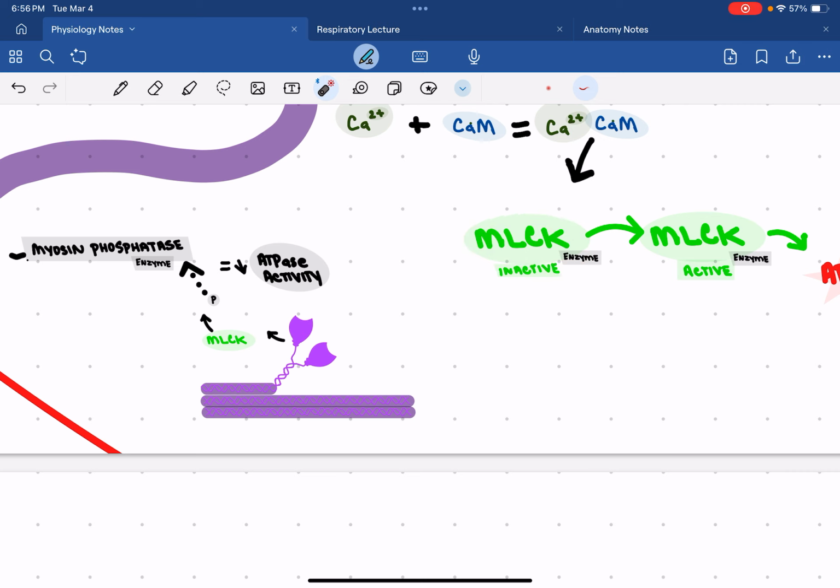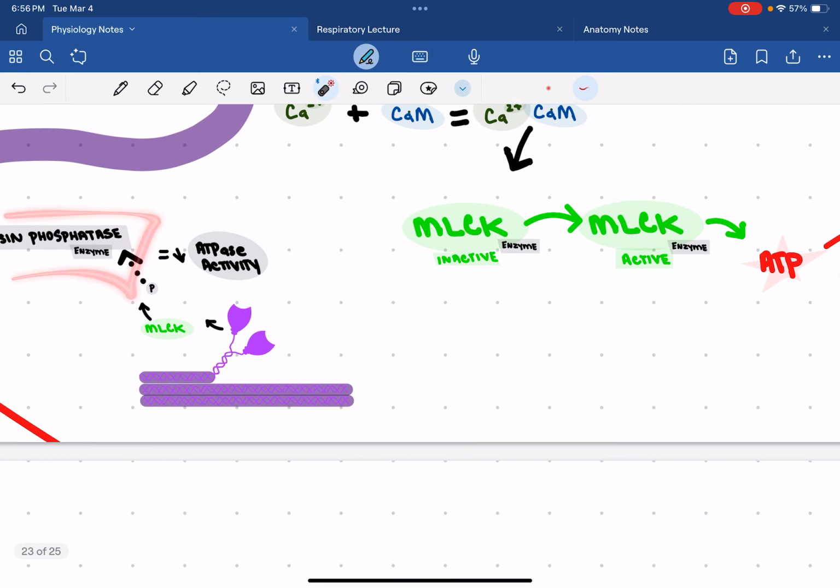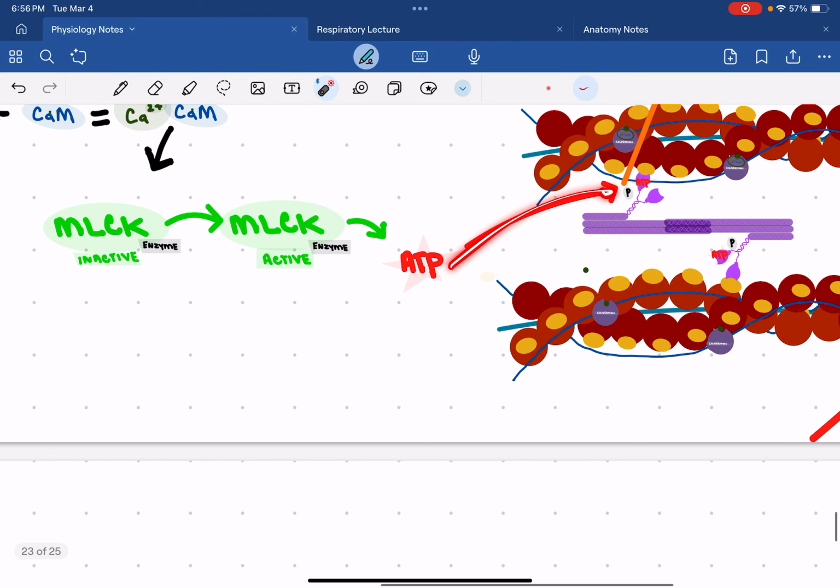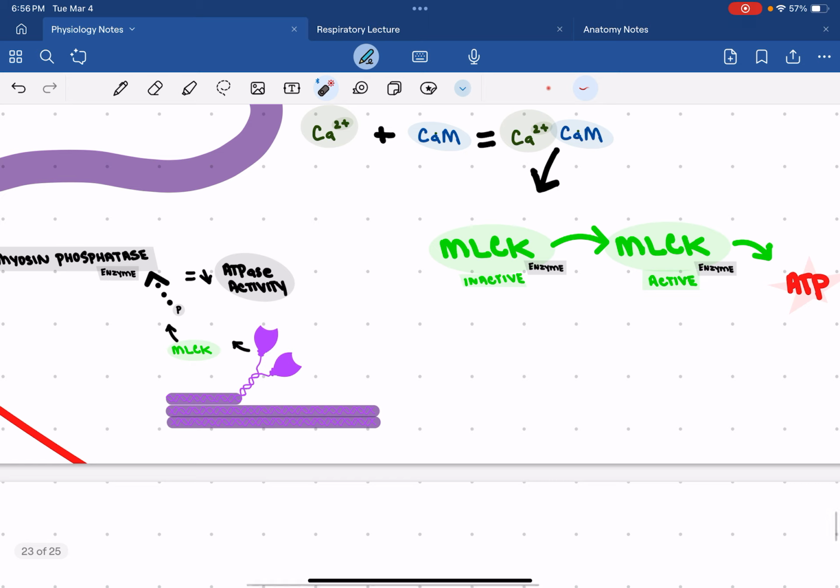They are two separate enzymes doing their own thing. How Dr. Kolb explained it is that this is kind of just happening all the time, but this going from an inactive to active state will overpower this. This will just be happening so much that this myosin phosphatase cannot take all of the inorganic phosphates because this process is just working in overdrive.